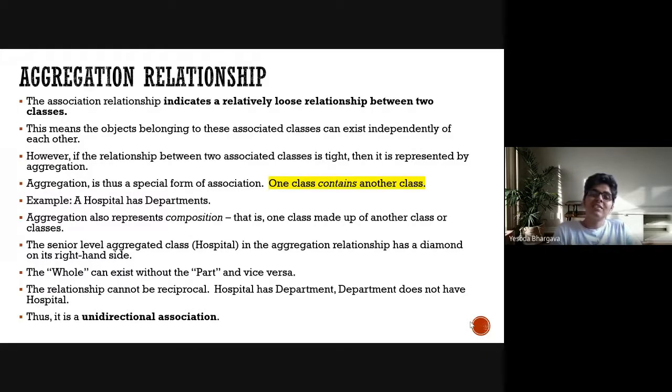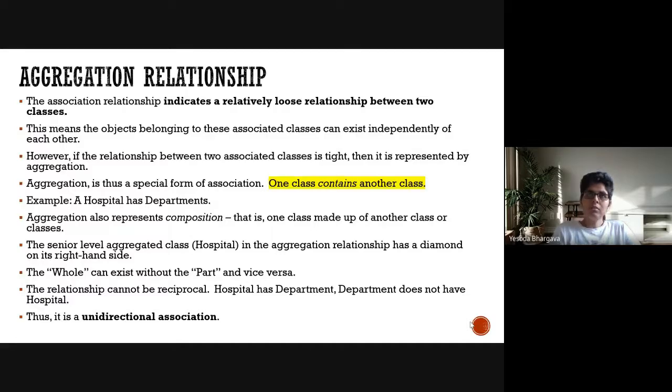So a class is an aggregate of another class. It continues to be associated. However, the nature of association is much tighter than it was for the association relationship. So aggregation is very much a form of association, but it's a tighter form of association in which one class contains the other class.